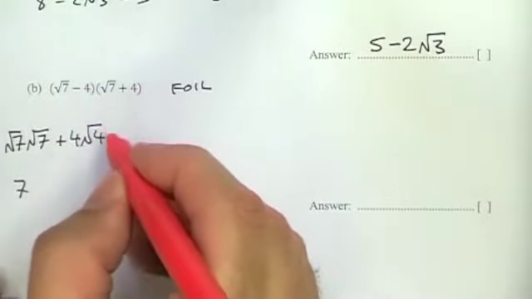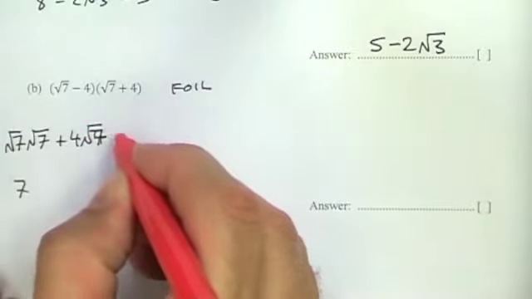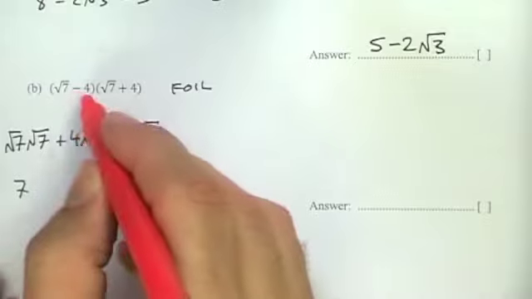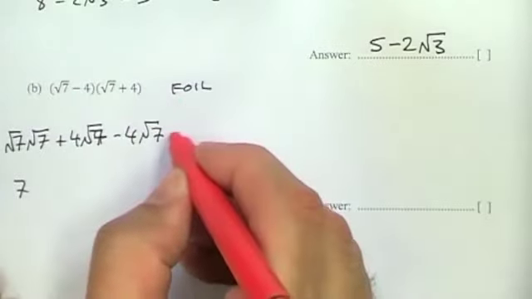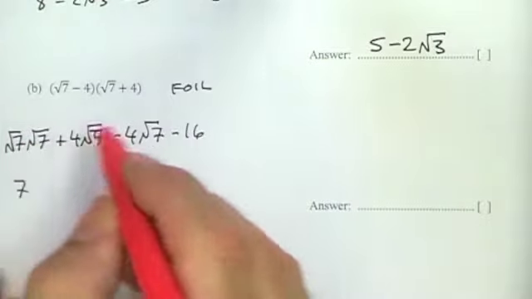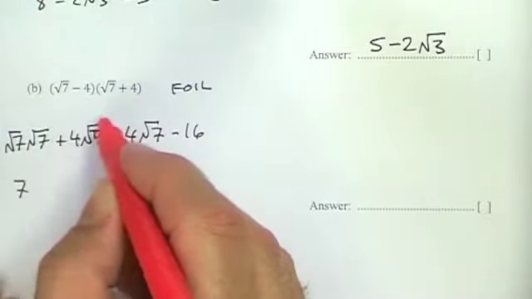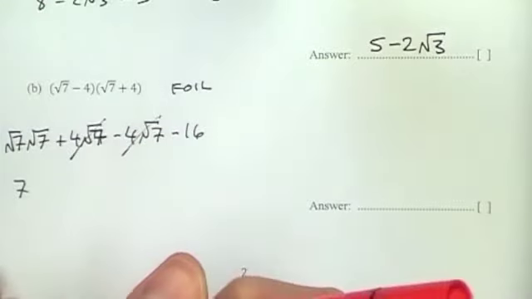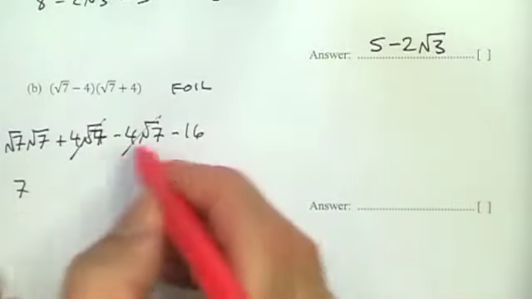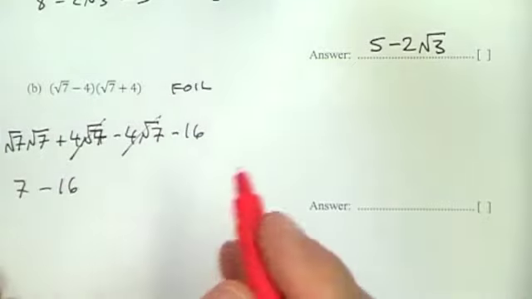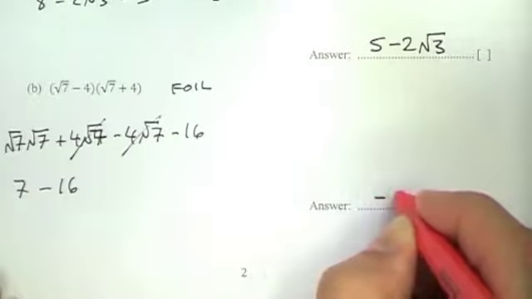Inside terms give me minus 4 times root 7. And the last terms give me minus 16. So that comes to 7, as I've already worked out. They cancel out because they're a minus and a plus. And then we get minus 16, and 7 minus 16 is minus 9.